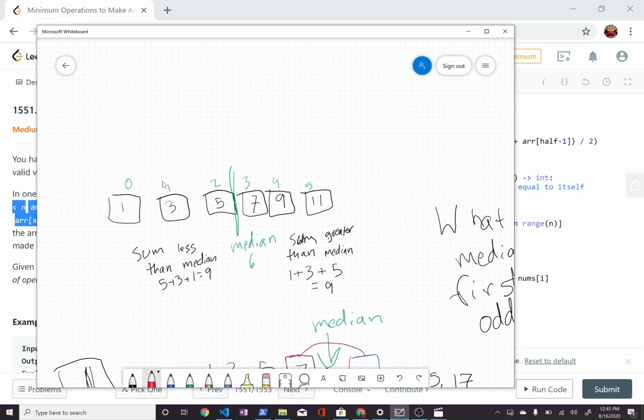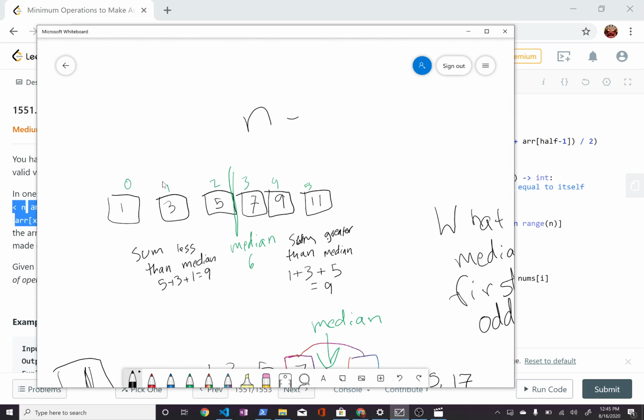So you get n equal to 6, and that means you have the first 6 odd numbers. So i, in this case 0, times 2 plus 1 is 1, 1 times 2 plus 1 is 3, and so on.